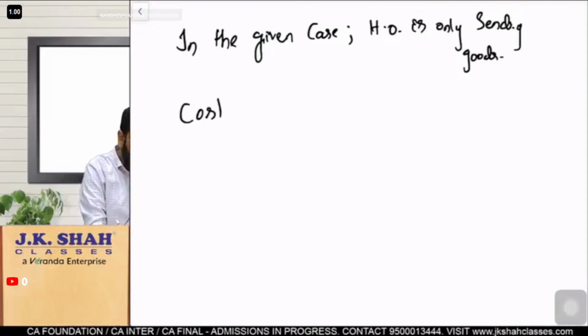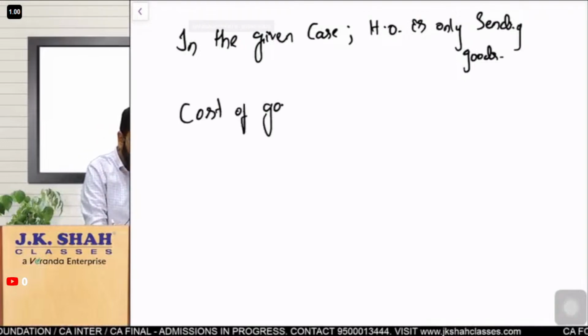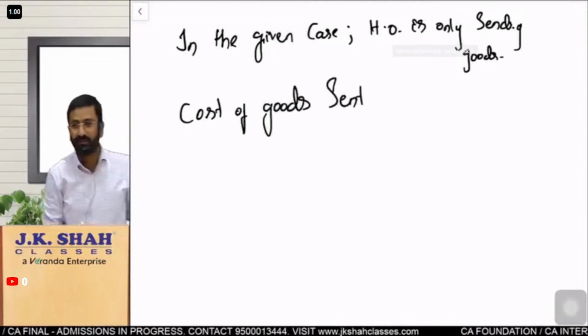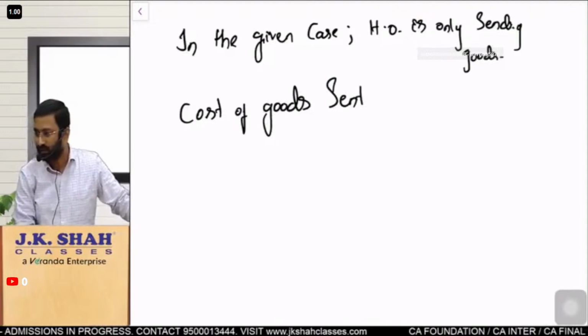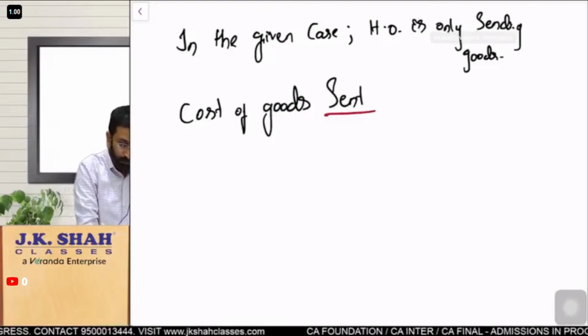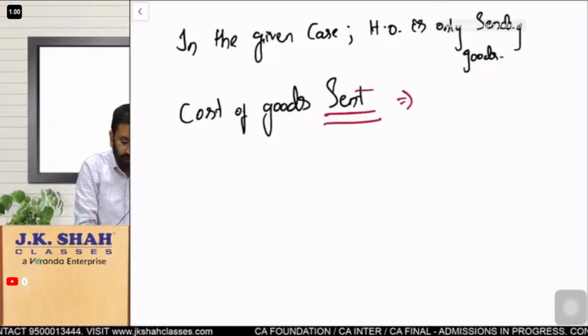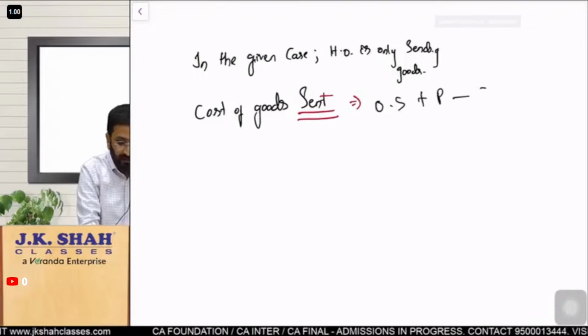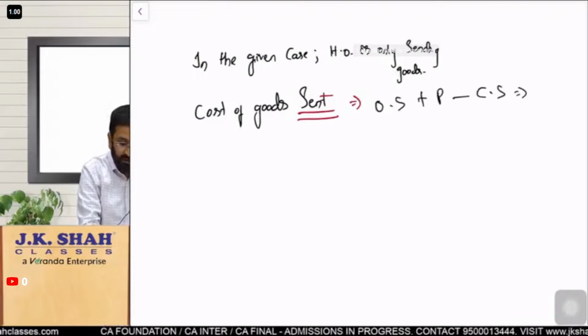Cost of goods sent is equal to, write it correctly, don't write COGS, then tomorrow you'll read it as sold. Cost of goods sent is equal to the formula: opening stock plus purchases minus closing stock. You do the calculation, that gives you 3 lakhs.